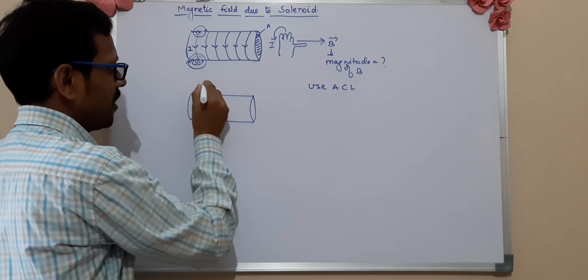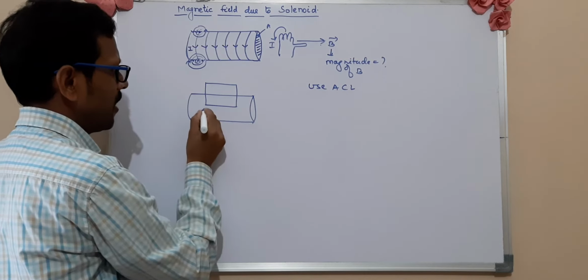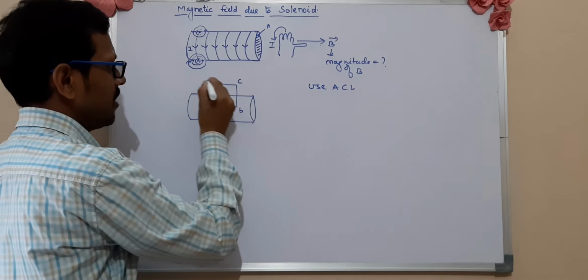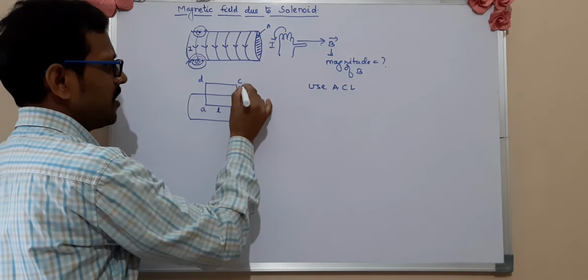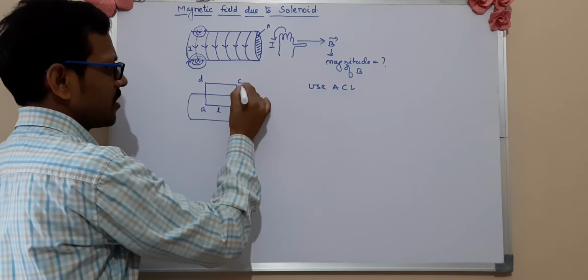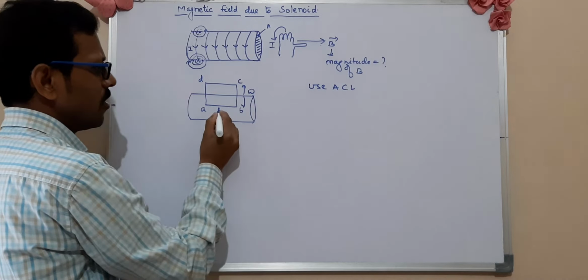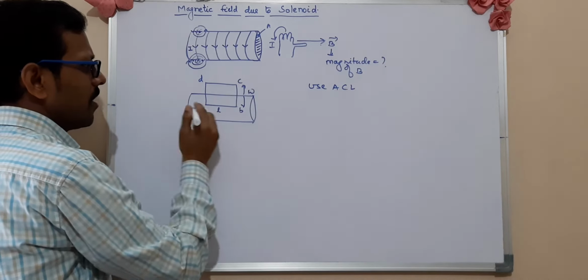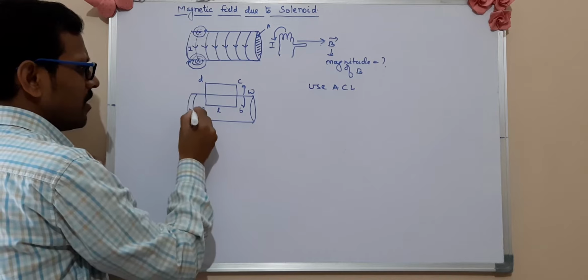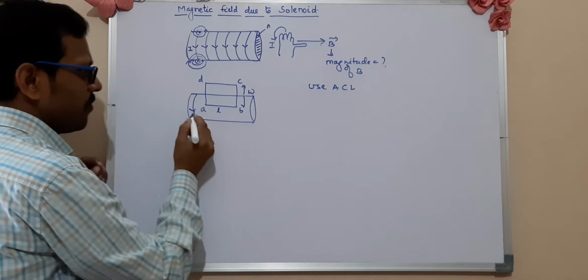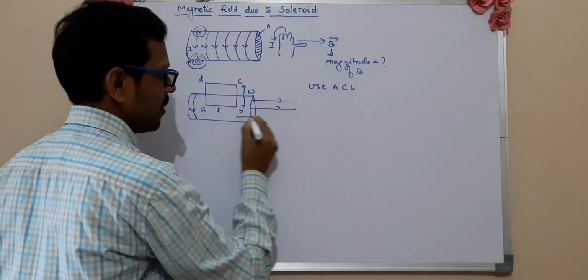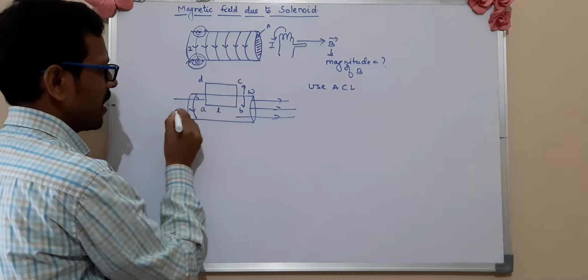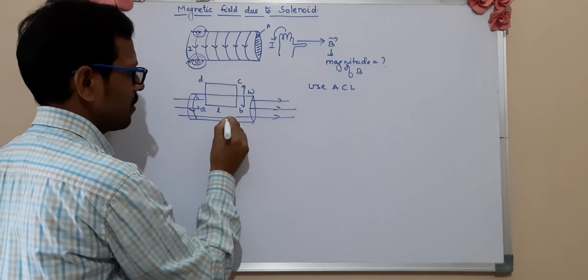So this is the Amperian loop, and let me name this as A, B, C, D, with AB as the length L and CB as the breadth. So this is the width W and this is the length L, and current is flowing in the solenoid, and this is the direction of the magnetic field, which is already explained to you how we can find out.